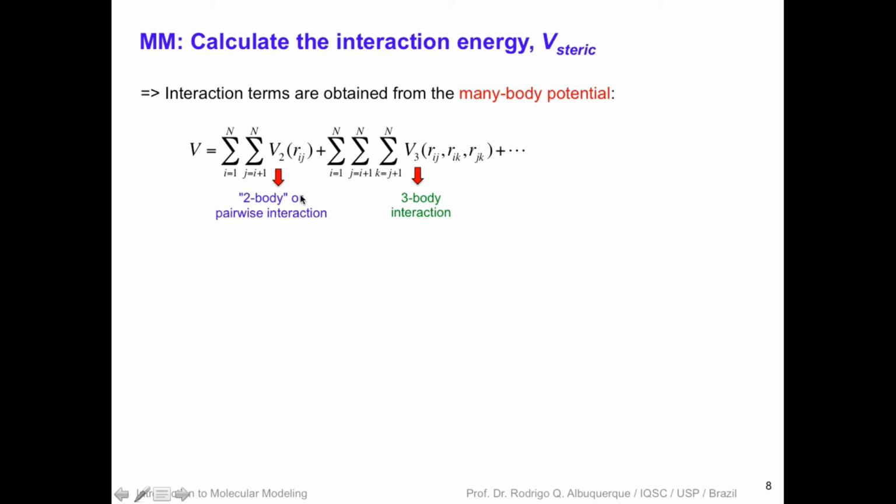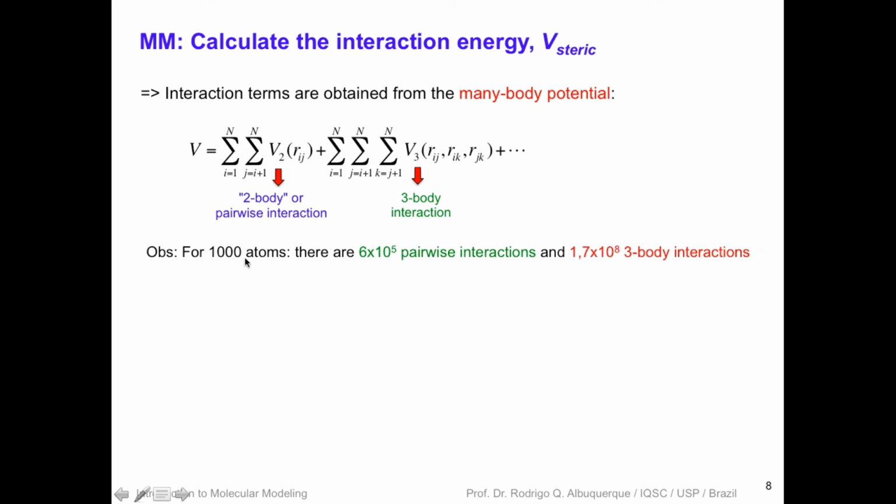So this involves a summation over all particles involving two-body interactions, which depends only on the distance between two particles, plus another summation involving all particles and the three-body interaction, which involves three different distances between every three particles from all particles in the system, plus another term, V4 and plus V5 plus V6 and so on. So there are many terms involved if you wish to calculate a very precise potential energy of the system.